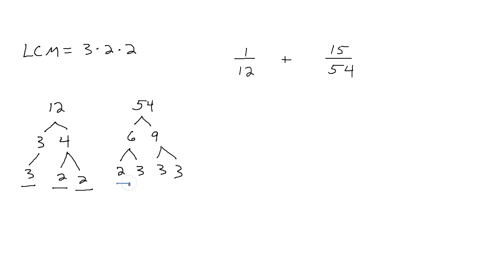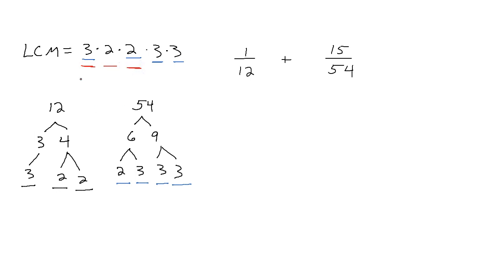This says I need a 2. Well, I've already got one. It says I need a 3. Oh, I already got one. I need 2 more 3's. So I'm going to write 2 more 3's up here. So if you look, the ones that I have underlined in blue make up 54. The ones that I have underlined in red make up the 12.